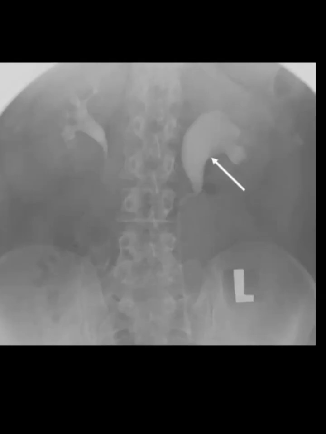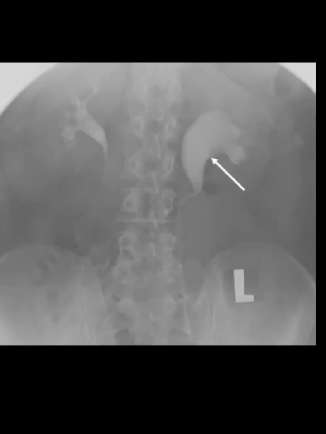You are asking about the contrast in the right ureter because 45 minutes have passed. If there was obstruction, it should be dilated as well. So there should be a double finding to correlate the problem on that side. We have to compare the size of both the pelvises and the calyces. So it is a partial PUJ obstruction, partial PUJ obstruction.